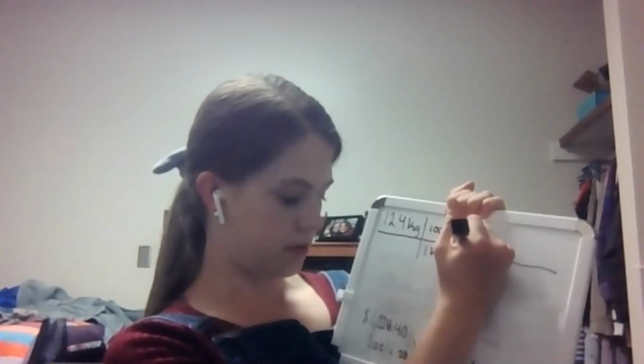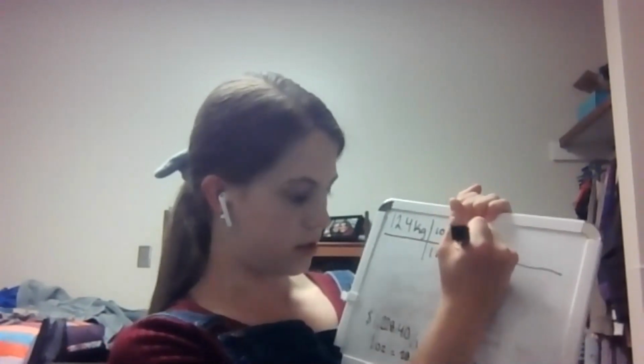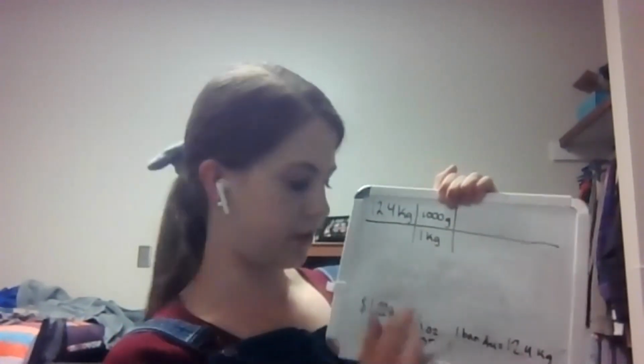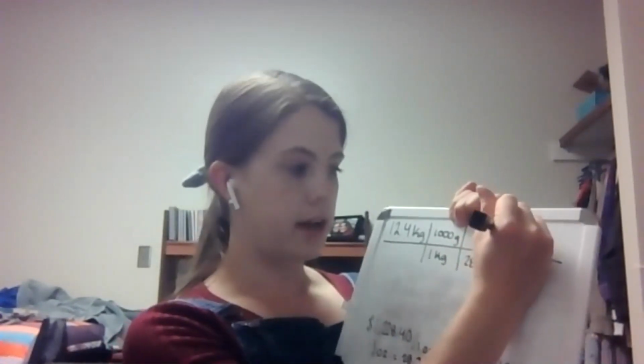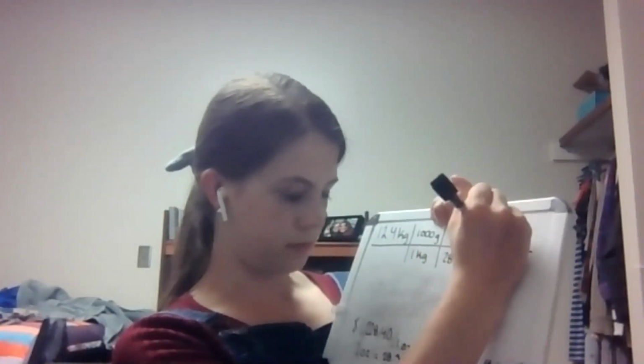And we know from this conversion factor down here that 28.35 grams equals 1 ounce. So we'll put ounce here. So now the kilograms will be canceling, the grams will be canceling. And now we also know that 1 ounce, put it down here so these can cancel, equals $1,228.40.